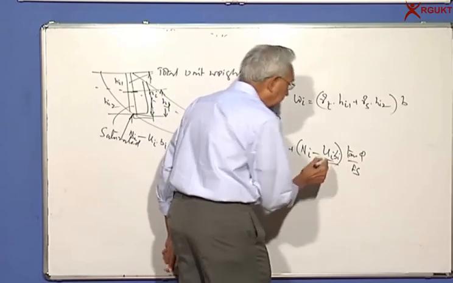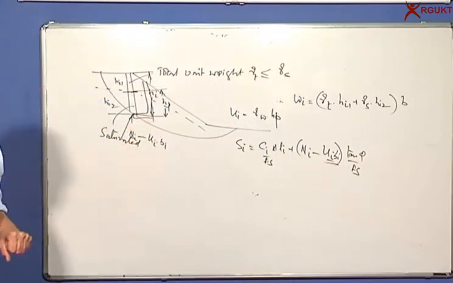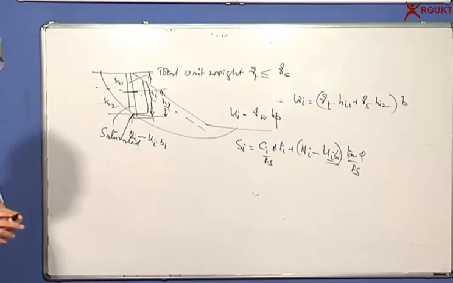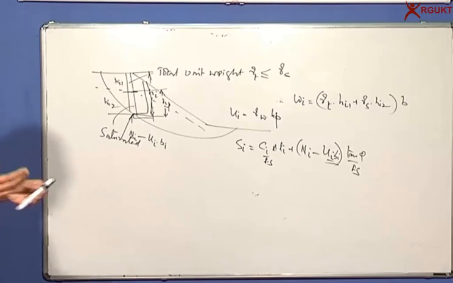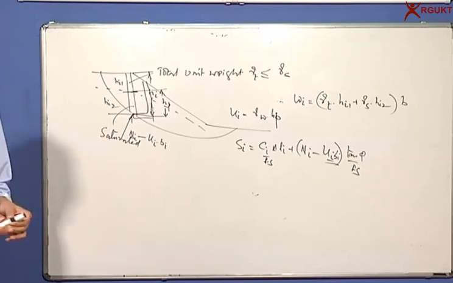So you have the pore pressure coming into the picture, and you account for it. That's how you take care of the water table or steady seepage. Then we'll next pass on to some of the particular cases where we have homogeneous soils or embankments on soft soil, or even slopes under earthquake condition.